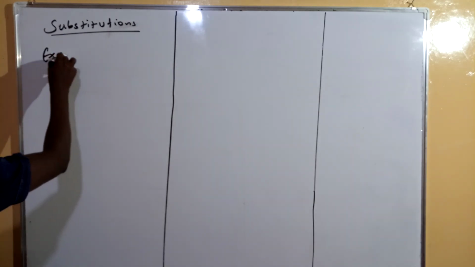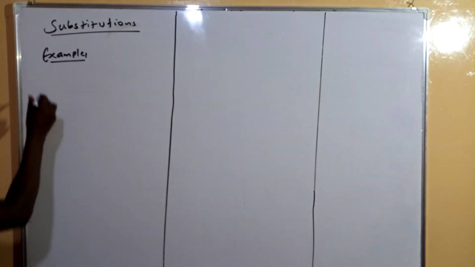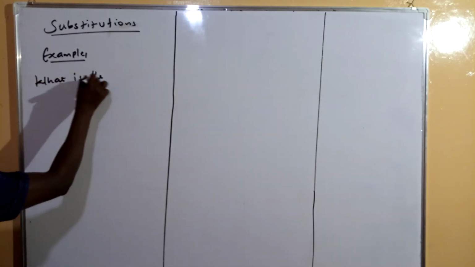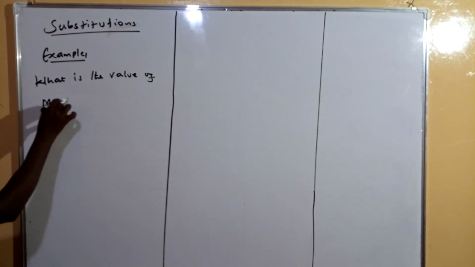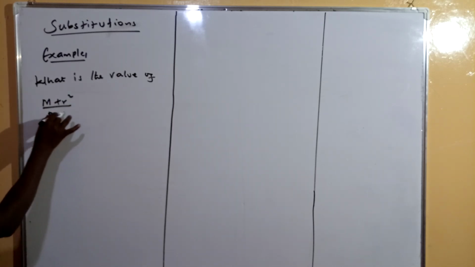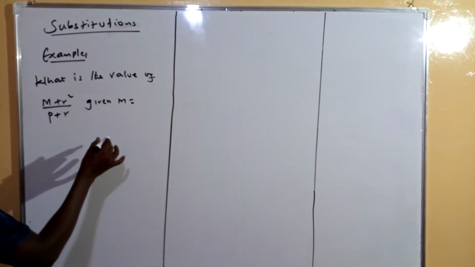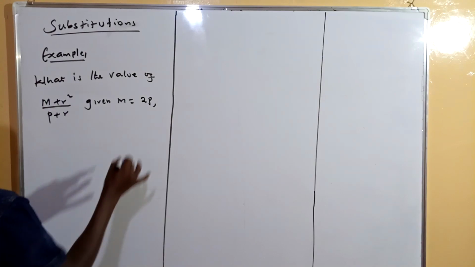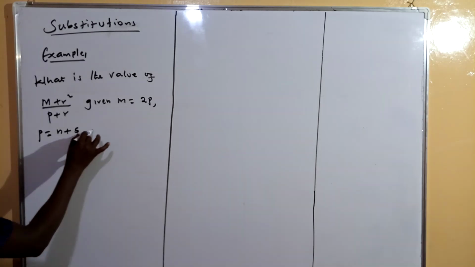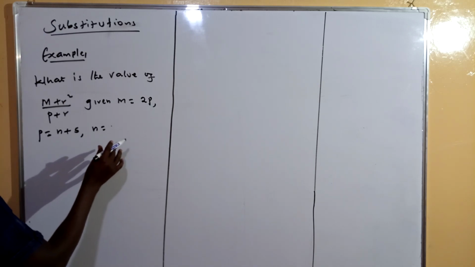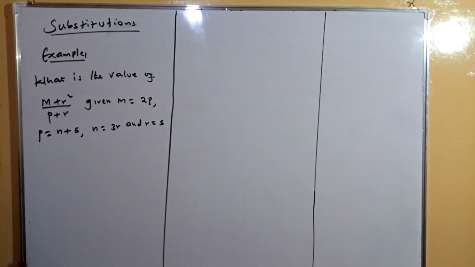Let's see the first example. Example 1: you're told, what is the value of m plus r squared over b plus r p plus r, given m is equal to 2b, b is equal to n plus 5, n is equal to 3r, and r is equal to 5.